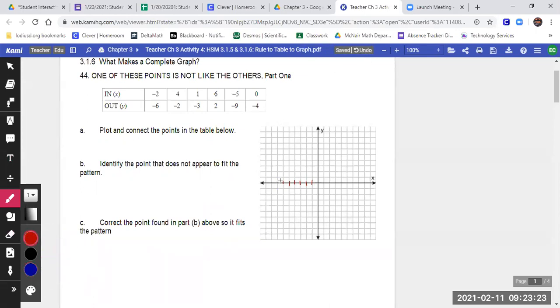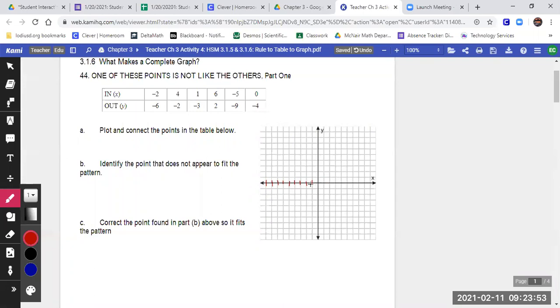So the first thing you always do when you're graphing is you make your tick marks on your lines, because that's what lets you know. And you put out on the side, how many tick marks did we make? Nine.